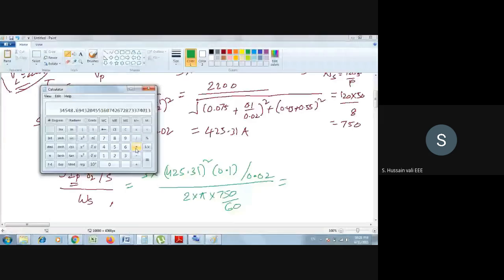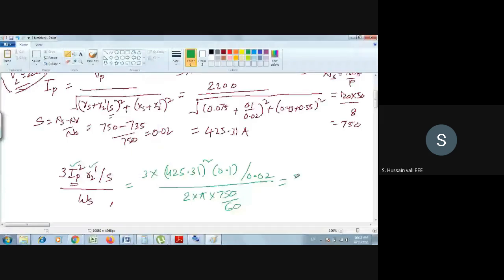Whatever the answer is, we'll write directly. So we got the answer 345.48. Yes, this is the rated torque.